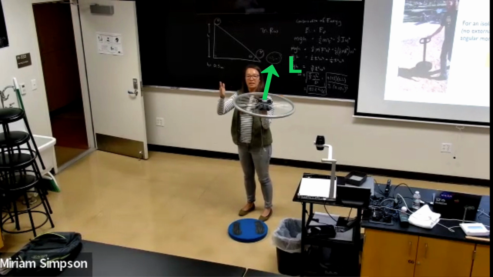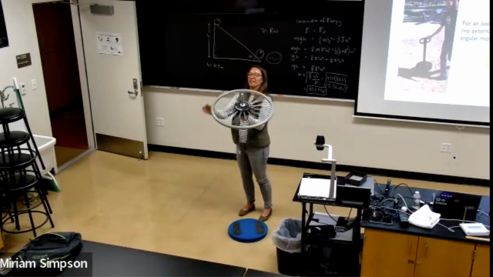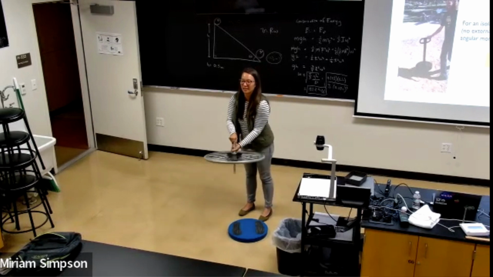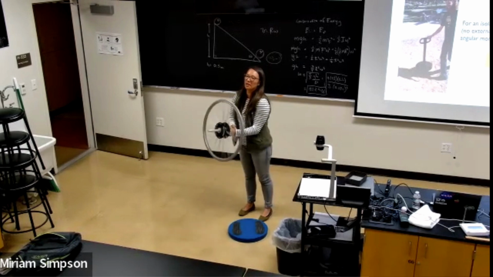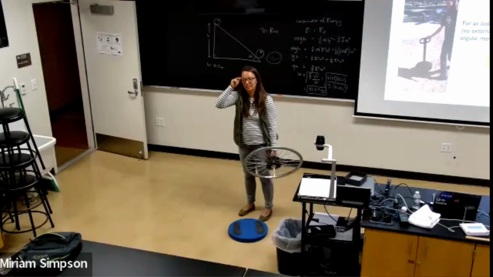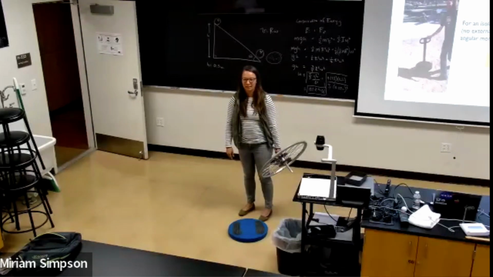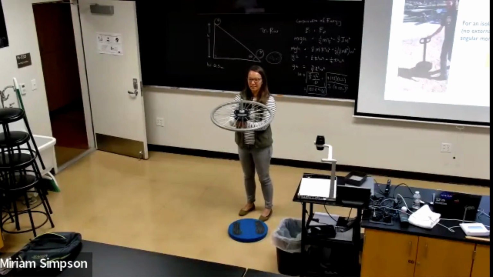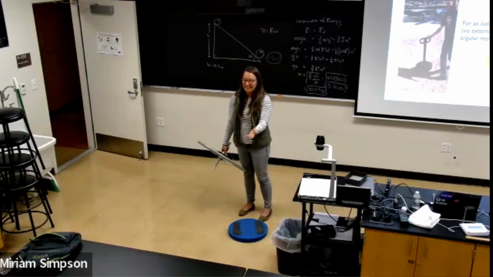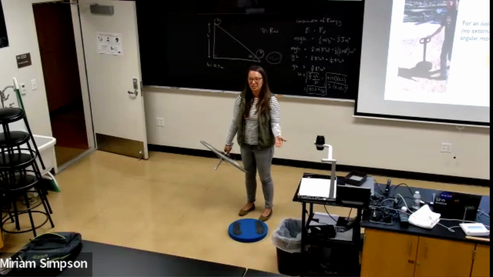Let's say I have an angular momentum, let's call it 1. If it goes from 1 pointing up, and I flip it over, it becomes negative 1. But we know the total has to stay the same. So what do you have to add to negative 1 to get back to 1? 2. So I need to have positive 2.